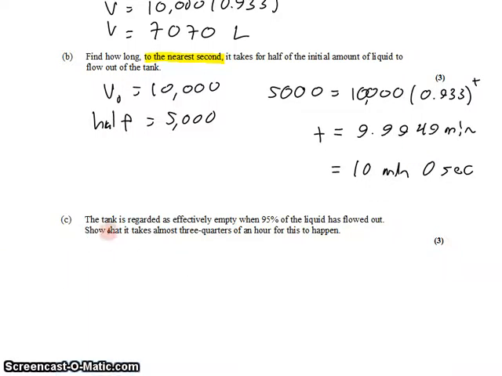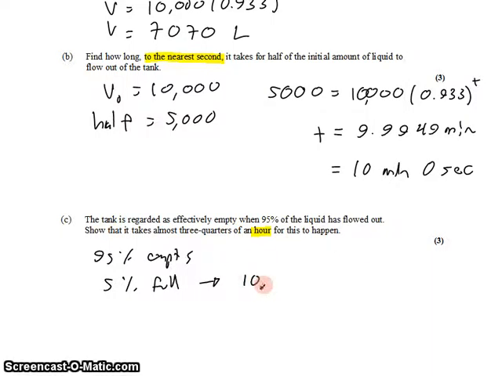Part C, the tank is regarded as effectively empty when 95% of it has emptied. We want to show that this takes almost 3/4 of an hour for this to happen. Why do they make me work in hours? Should be just minutes. Oh, I gotta work in hours. Okay. If it's 95% empty, that means it's 5% full. 5% of 10,000 is 500.